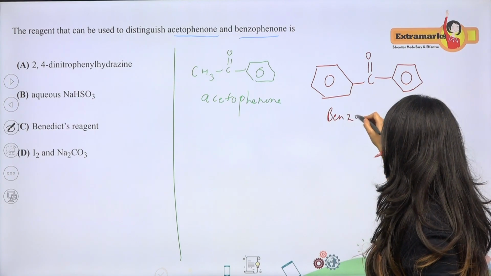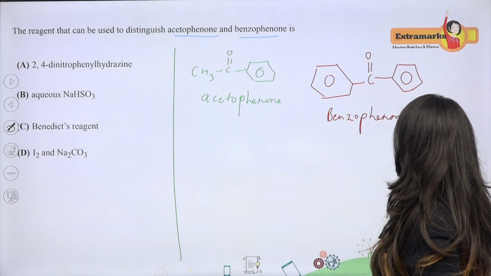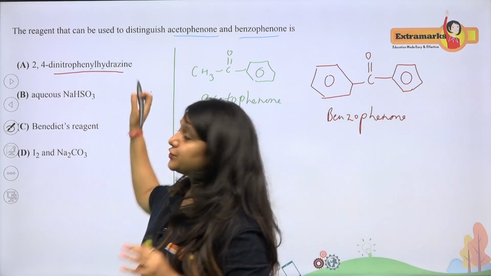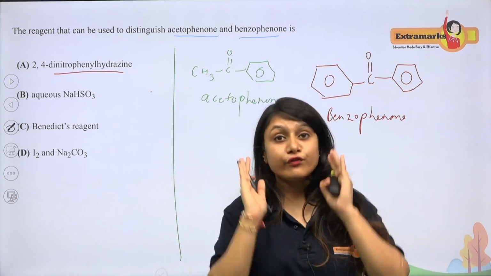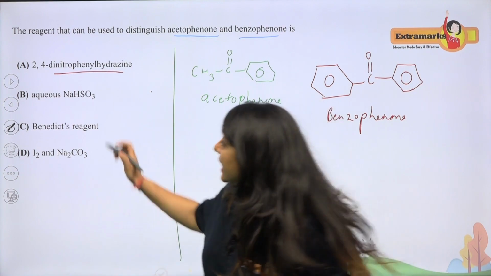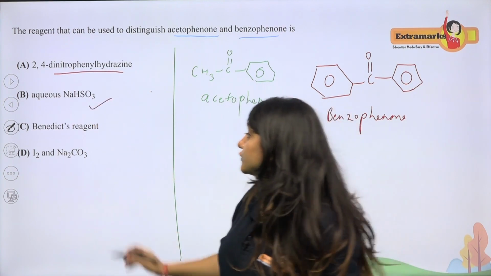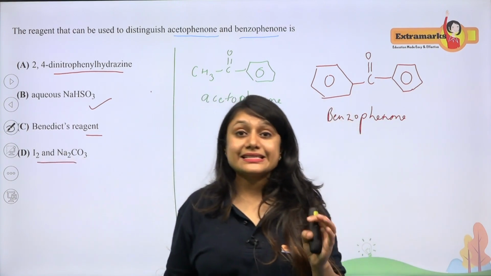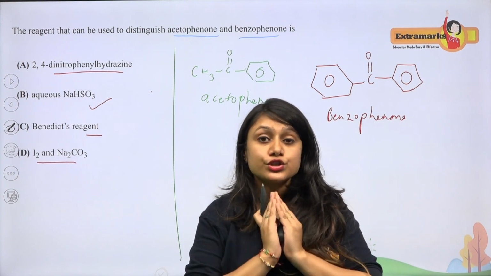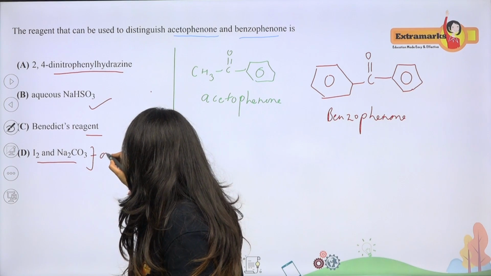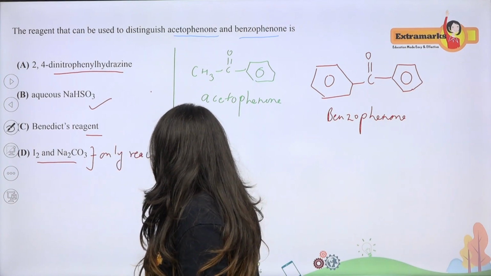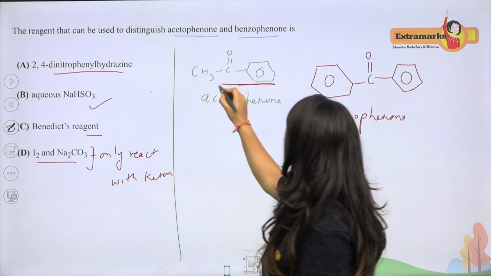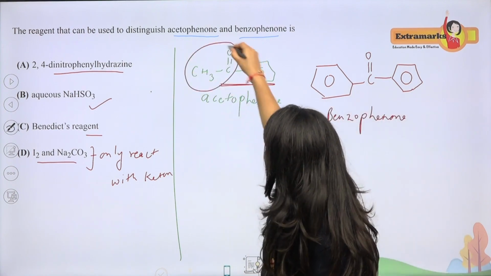Now which reagent can distinguish between these 2? 2,4-DNP, 2,4-dinitrophenylhydrazine, will work for both and react with both. Similarly, aqueous NaHCO3 is also going to react with both compounds. Benedict's reagent also reacts with both compounds. But this is the iodoform reaction, I2 plus Na2CO3, which reacts only with methyl ketones. Now, acetophenone is a methyl ketone, there is a free methyl group.